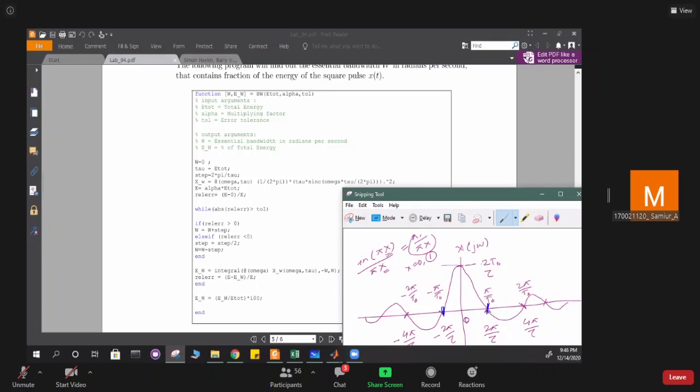The next zero crossing occurs at the tau by 2 value, sir. Every time we need to find the next zero crossing value, we need to divide it by 2, sir. Okay, so basically you are saying that we are finding out this zero crossing, isn't it? Yes, sir.